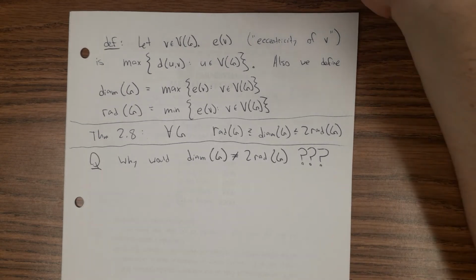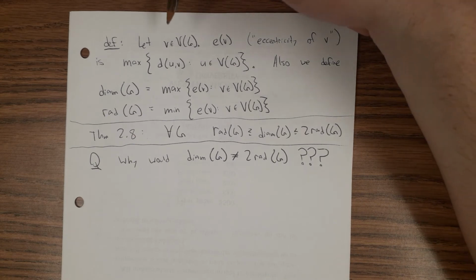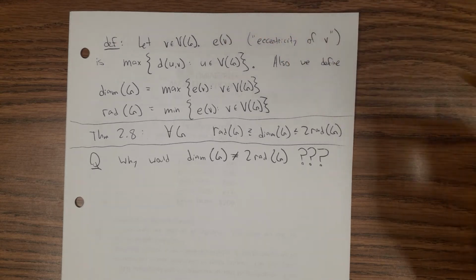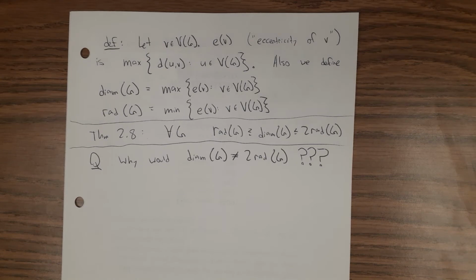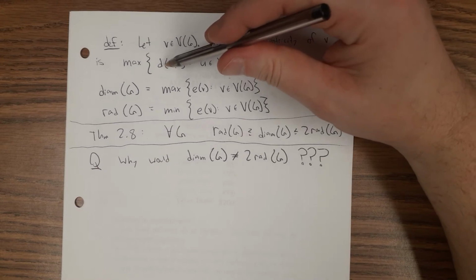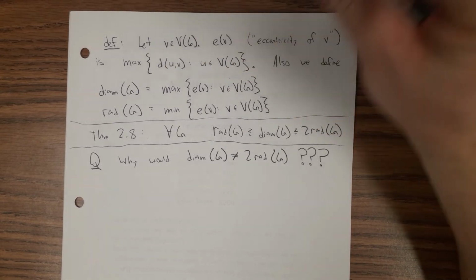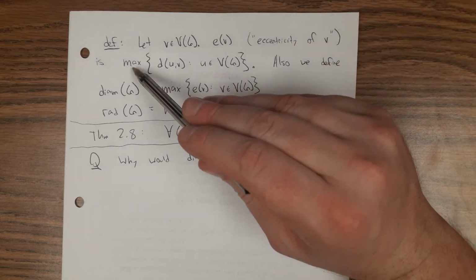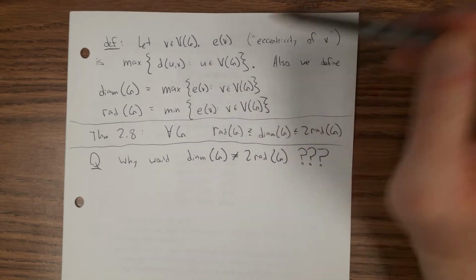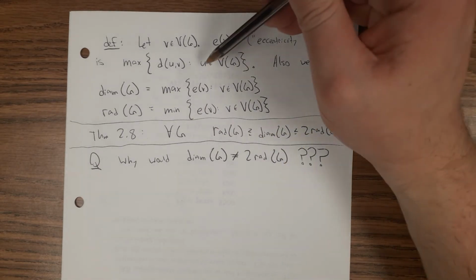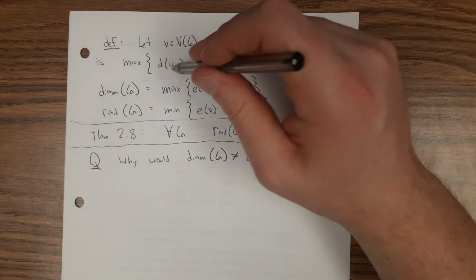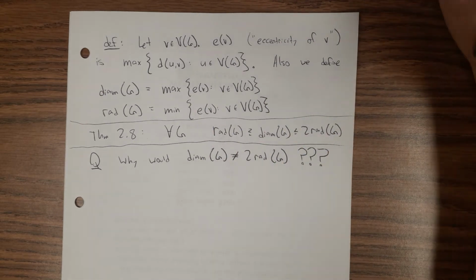Say we have a graph G and a vertex V. We say E of V, which we call the eccentricity of V, is the distance to the farthest vertex away from V. In other words, it's the maximum distance from U to V where you take the maximum over all vertices U. So you find the farthest away vertex U, and the eccentricity of V is the distance to that farthest vertex U.